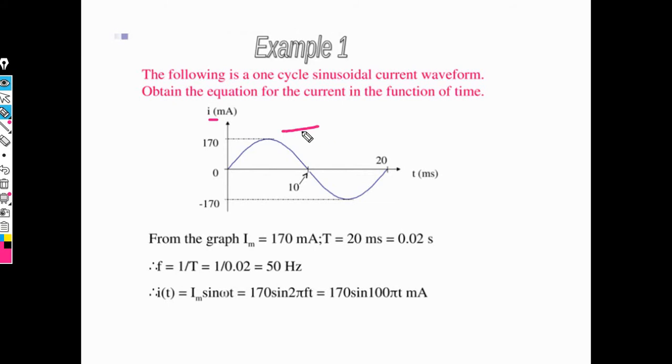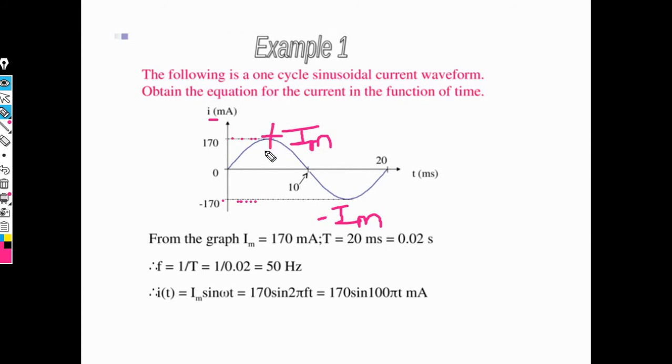And this is the positive current, that is Im. The value of Im is 170. The positive maximum value of Im is 170 and the negative maximum current is minus 170. Now this is the negative and this is the positive value.